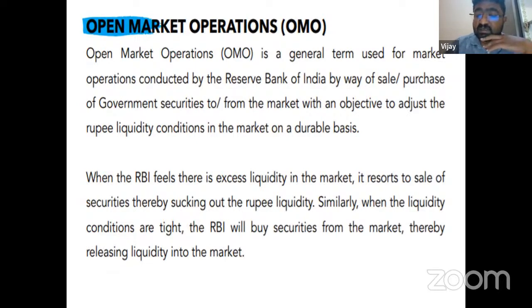When people are not having money, or when there is a recession, depression or deflation, RBI buys back the securities, that is, they give money to commercial banks to invest in the market, by which liquidity will be there in the market.